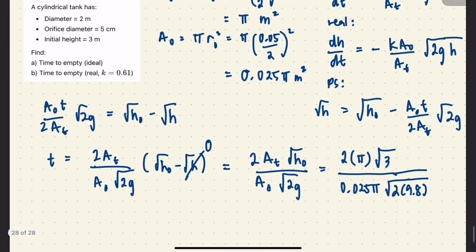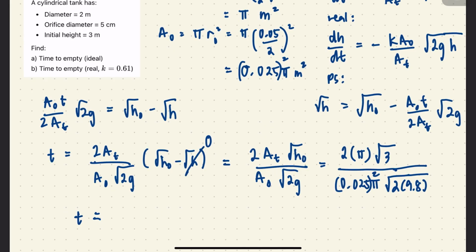So you get your value of T. So the time to empty the tank would be 1,251.937 seconds. And this is for the ideal.